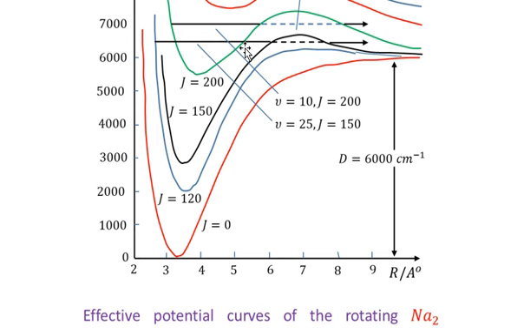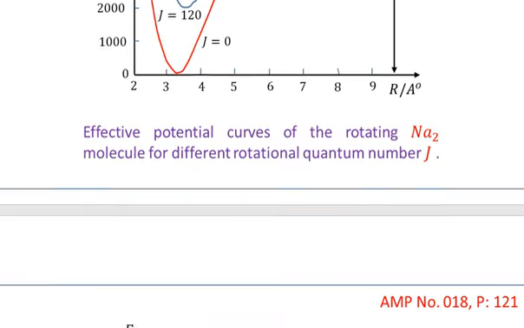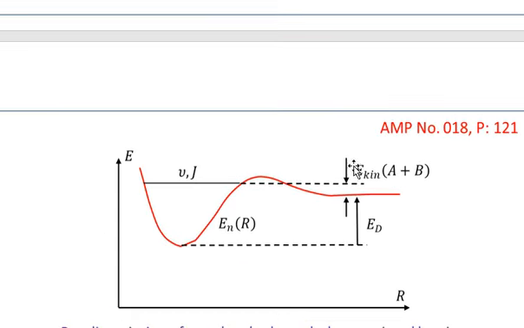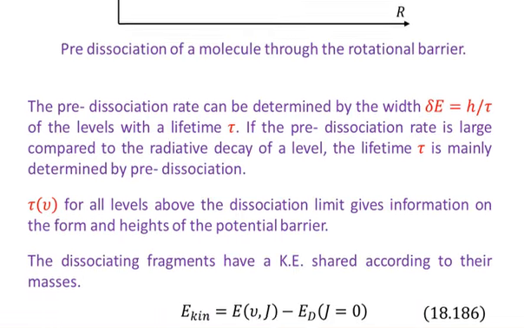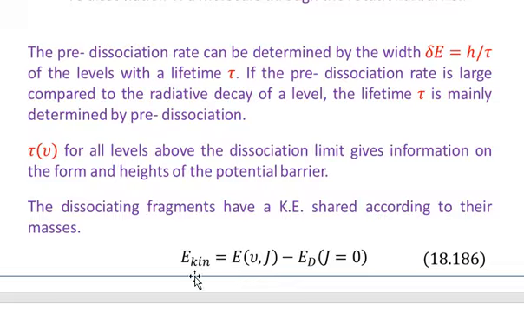And the values of these levels are given by E as a function of V and J, because these vibrational levels are functions of V and J. So the kinetic energy shown over here will be obtained by the difference between these two values. That is, E kinetic is equal to E of V and J minus the dissociation energy for the curve corresponding to J equal to 0.